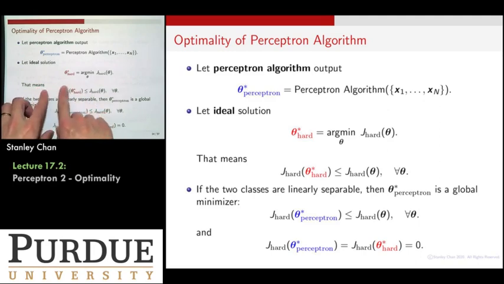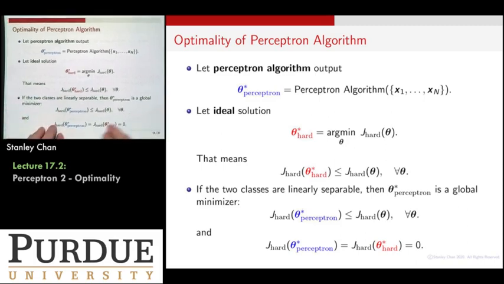What you can show is that since this is the hard case, and of course you put this theta star hard into this hard loss, it has to be the lowest, no matter what happens, because this is the minimizer. Now, the interesting thing about this perceptron algorithm is the bottom. You can actually show that by putting your theta star, which is your perceptron algorithm solution based on your soft loss function, into the hard loss function, it will equal the same loss as when you put the hard solution into the hard loss.